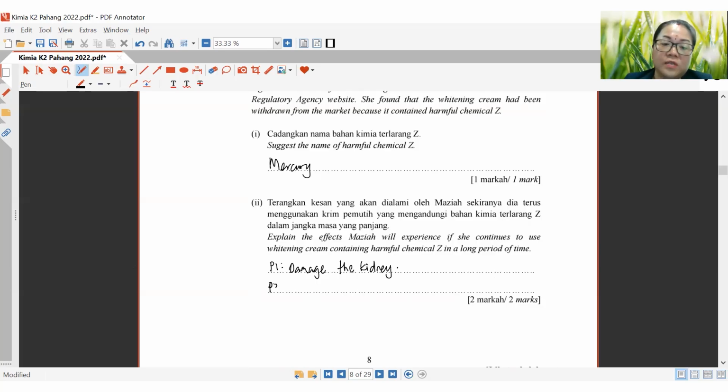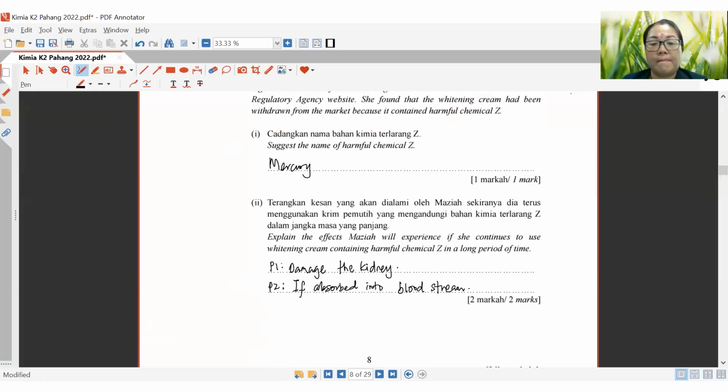And in order to secure your second point, you need to explain a little further, if it is absorbed into the bloodstream. Okay, so these are the 2 points needed for this particular question.